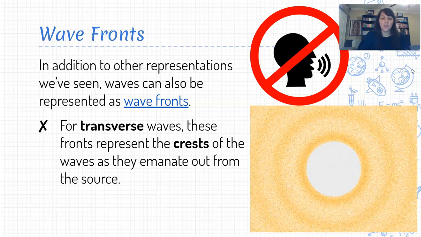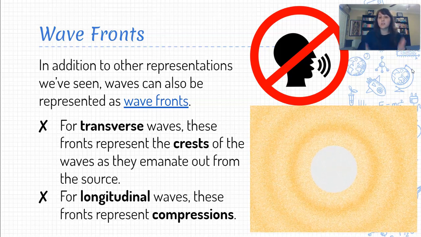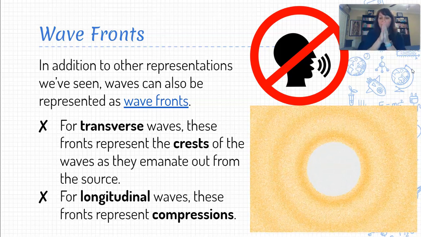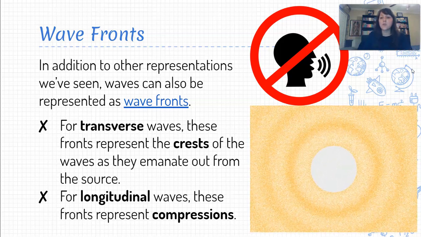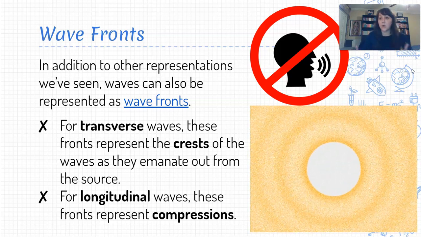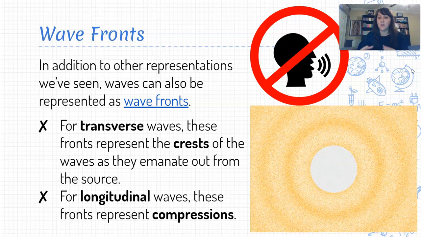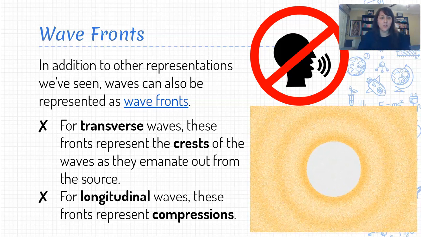For longitudinal waves, on the other hand, they don't have crests and troughs. They have compressions where particles are really scrunched together and rarefactions where our particles are really far apart. And so we can think of these wave fronts for a longitudinal wave as representing compressions, places where there's really high pressure in that space due to the particles all being close together.